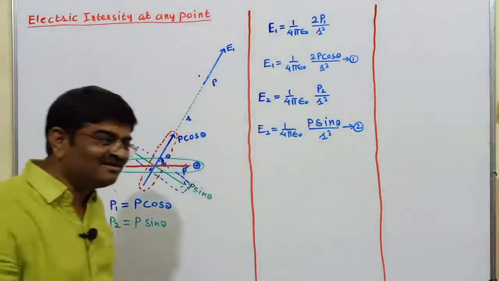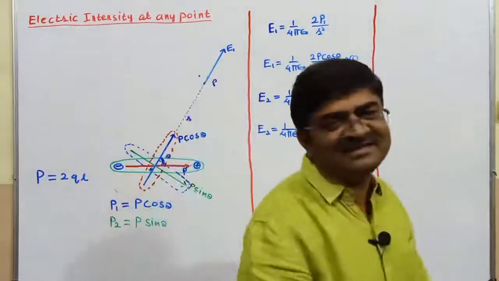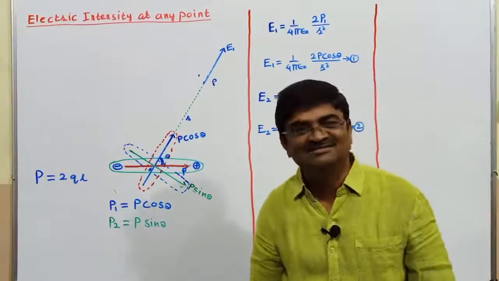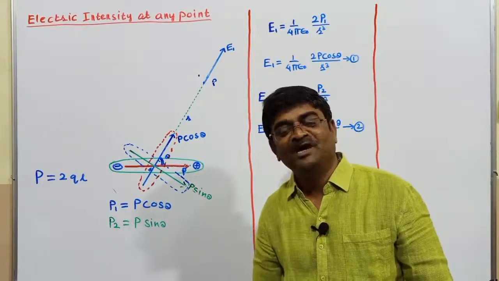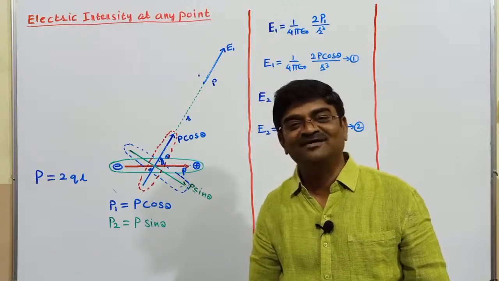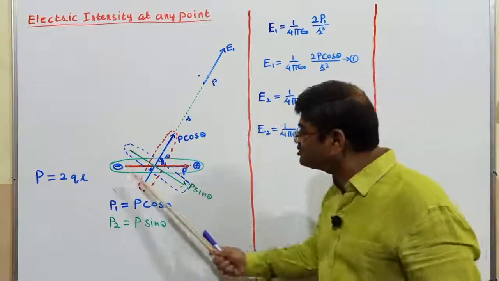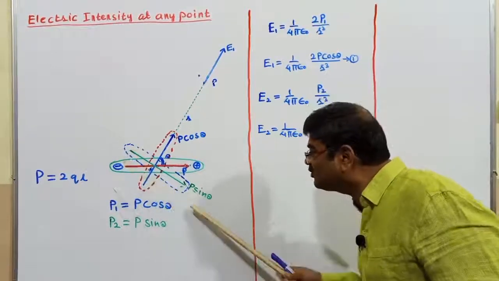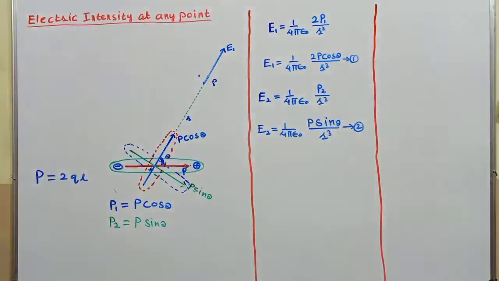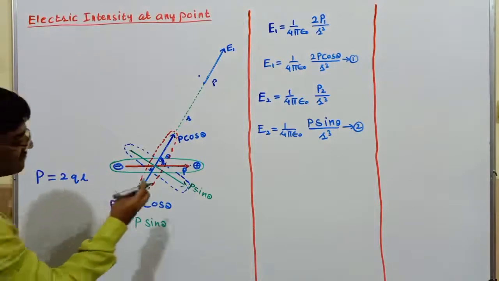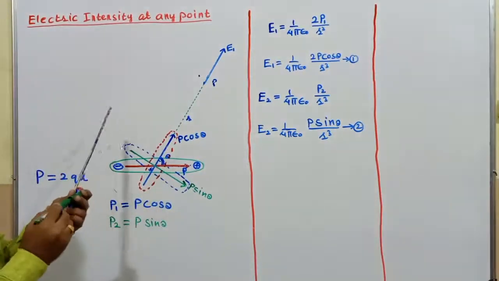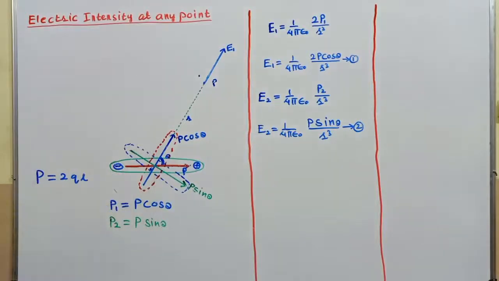How about direction? Electric intensity on the equatorial line of a dipole is anti-parallel to the dipole moment. E2 is the contribution by this dipole moment, P2. Direction of P2 is this one. We can see very clearly there. Then the direction of electric intensity at P, I can show very easily.